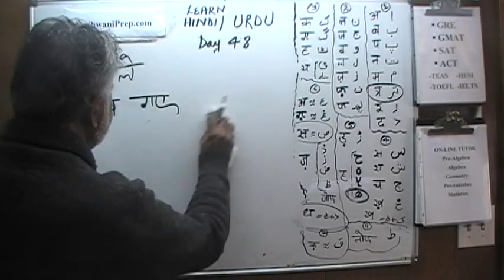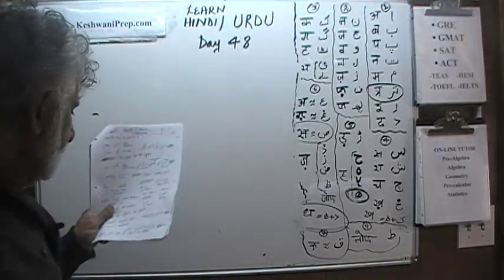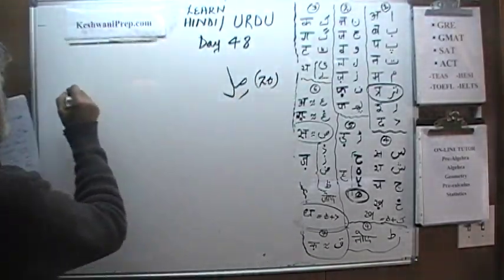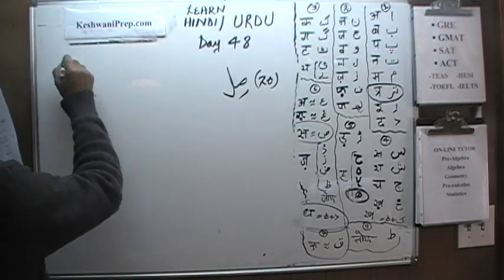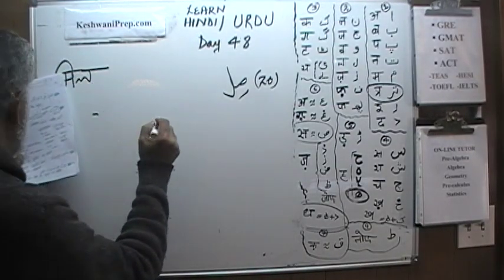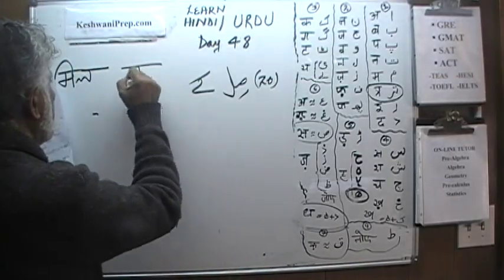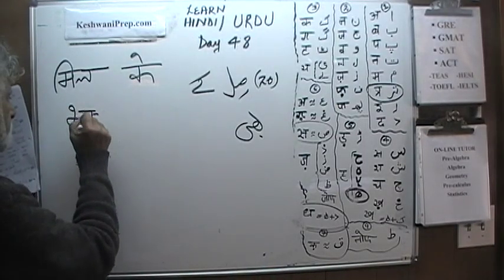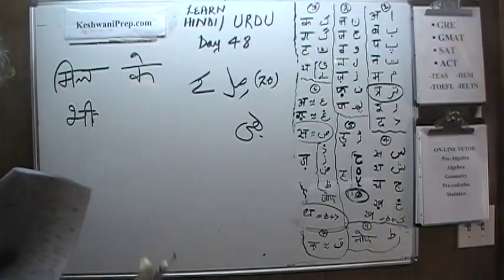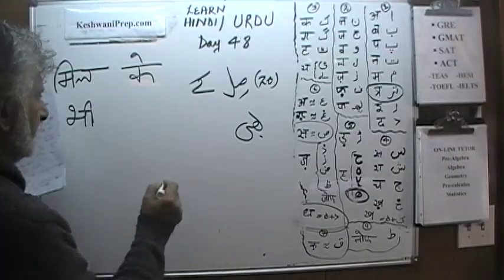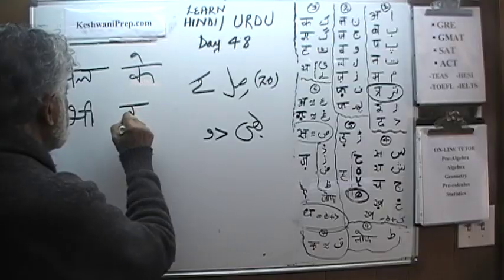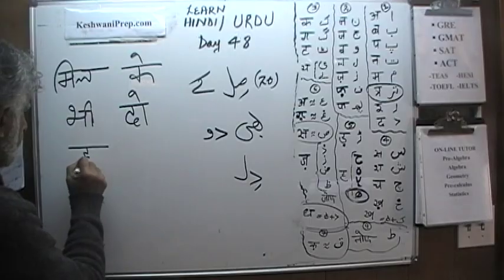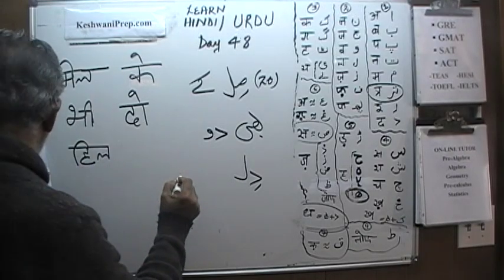Let's go to the next line. Mil, with a choti ki matra. Mil ke bhi do dil na.